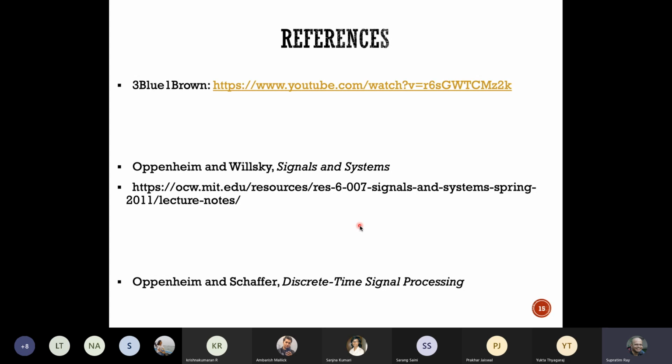I think the reason these books are so popular is that they very slowly, very methodically go through all the concepts that are required, from scratch. If you pick up Signals and Systems, you don't really need to know anything else. You just have to be patient, go through the first 5 or 6 lectures, and you'll have a solid grasp of everything that we are going to discuss in this course. This is complicated stuff.